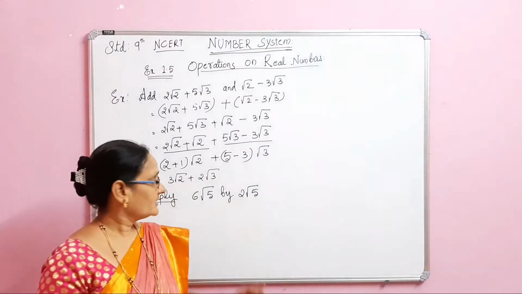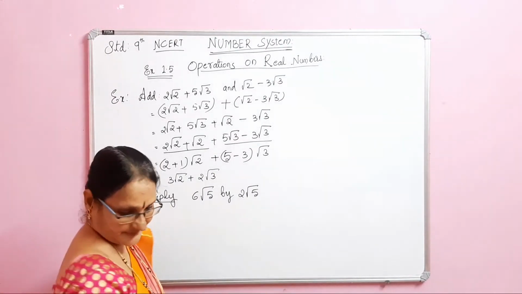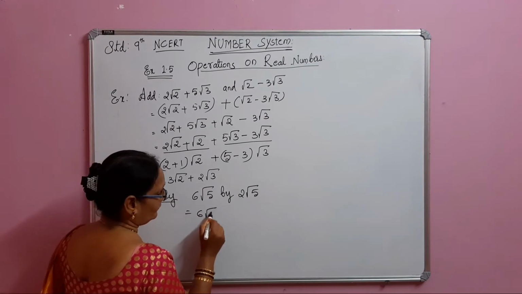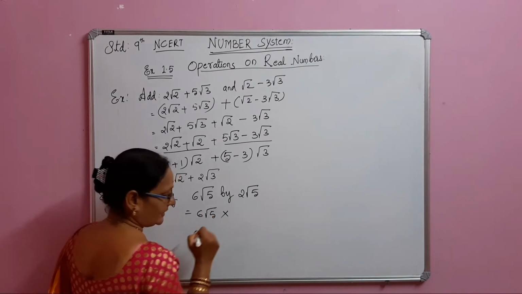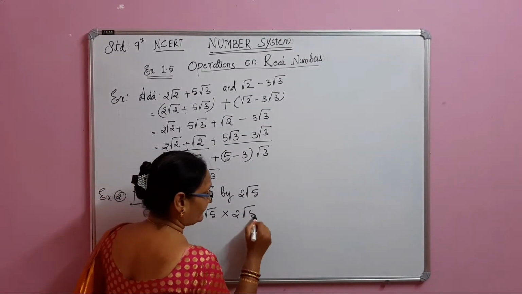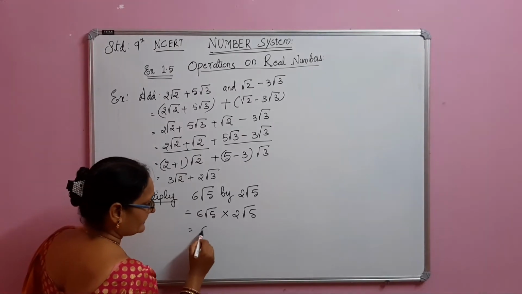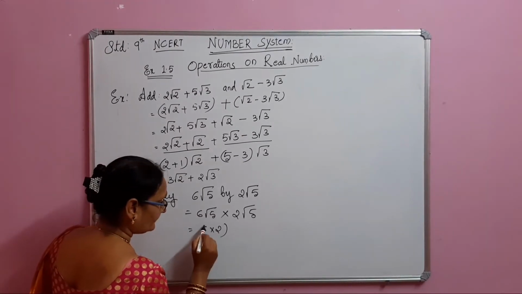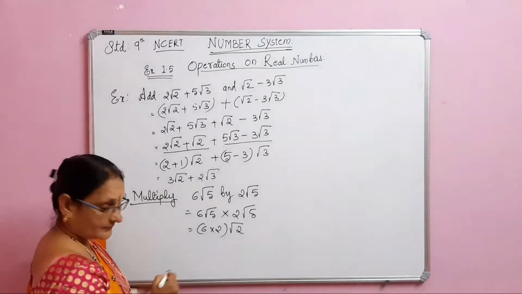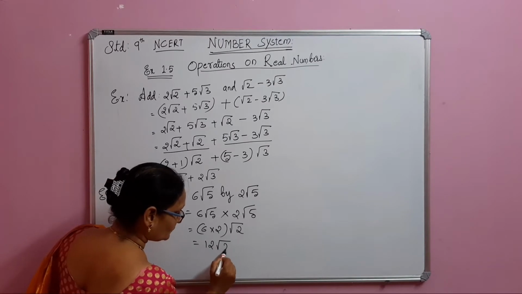Root 5 is common. Here multiplication is there, so 6 twos are 12. 12 root 2.